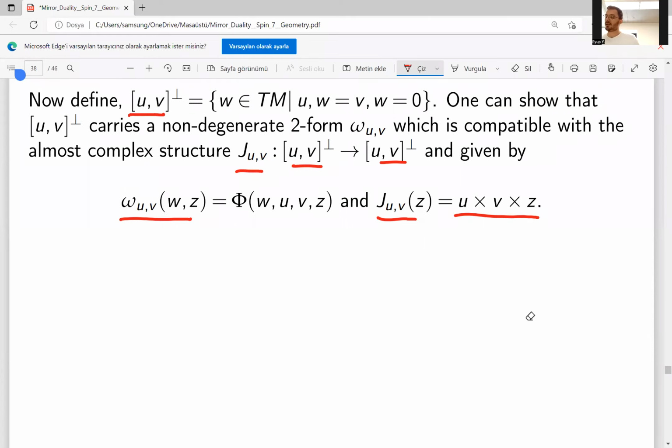This symplectic structure can be defined with the two form here, with U, V, two vectors. We can see that U and V are fixed, because we know that the two plane exists, and on these we define the almost complex structure. Actually, we slide the dimension, not a complete field directly, as I mentioned before.